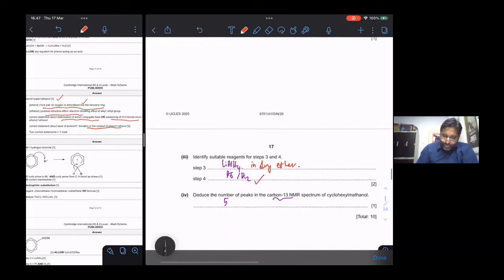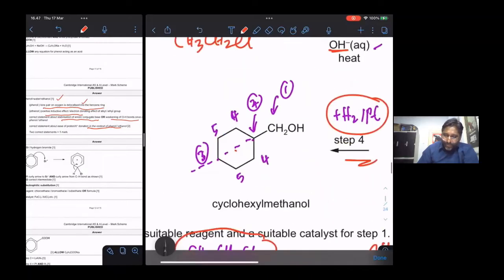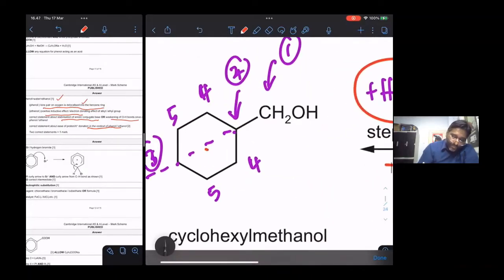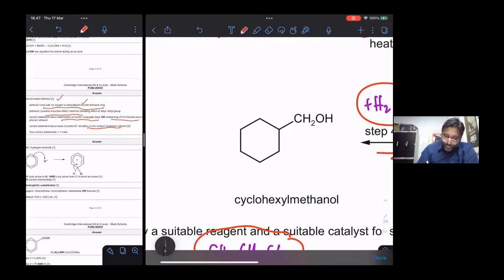Now the next question, deduce the number of peaks of carbon-13 NMR. So for carbon-13 NMR, this is going to be 1 peak because it is specific for this carbon. You can put the symmetry like this, you can fold. Let me erase this first, then I'll go through with you. You see, you can put the symmetry over here.